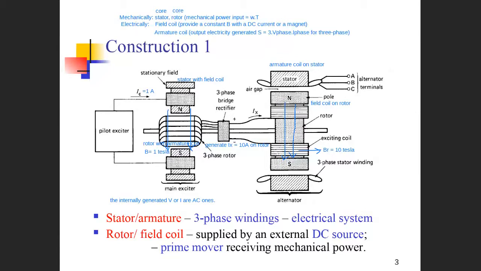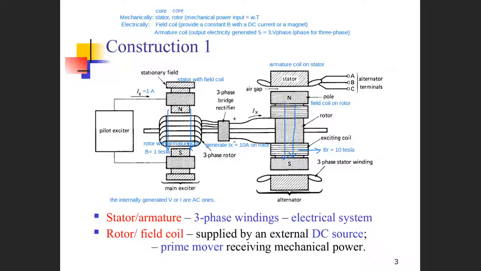But generally, in practice, we use the three-phase because three-phase is economically good. Okay, so these are the structures and the explanations of the functions of each part in these figures. I hope you understand the functions of the stator, rotor, and armature coils. They have different functions.